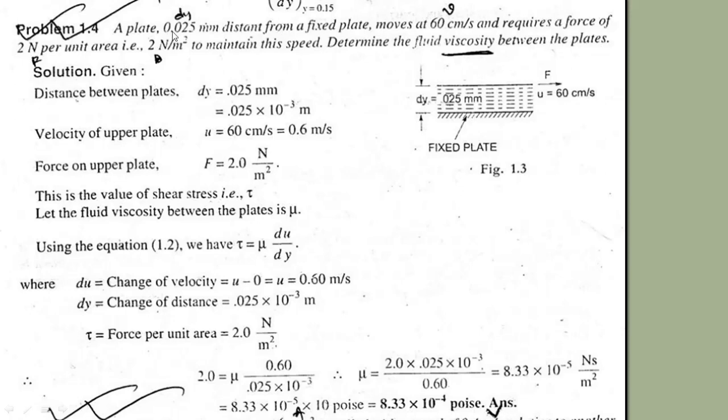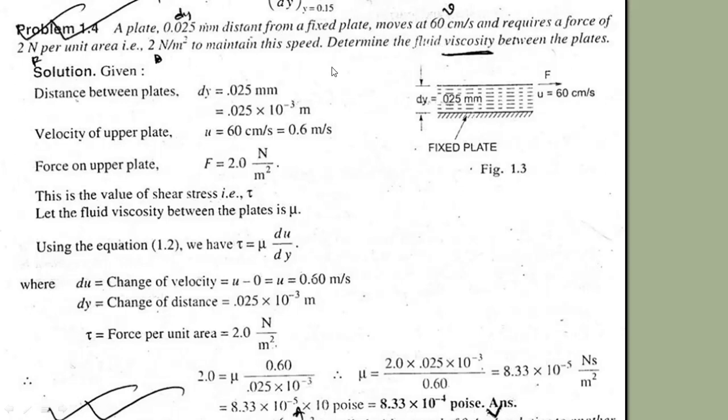So in the solution here, 0.025 is dy, the small section. 60 centimeter per second is the velocity. Then 2 Newton is the force per unit area, 2 Newton per meter square, to maintain this speed.